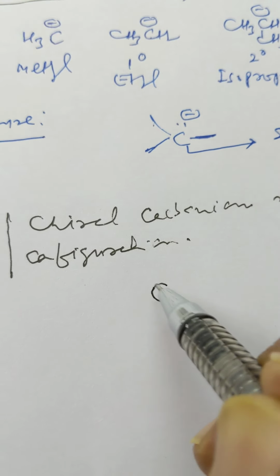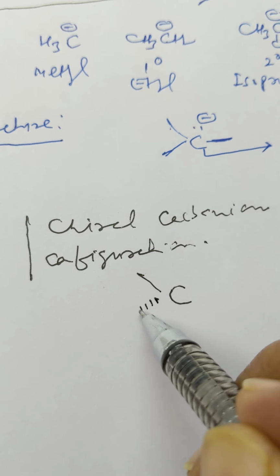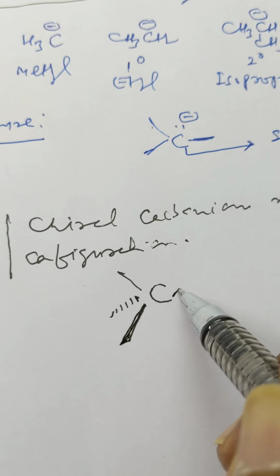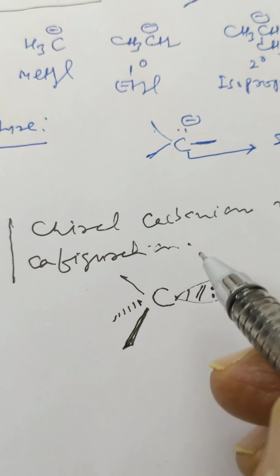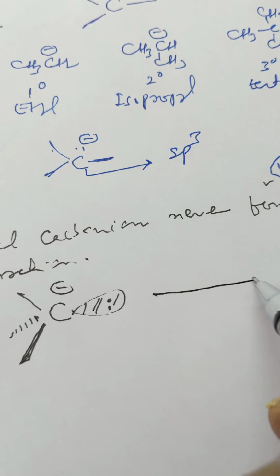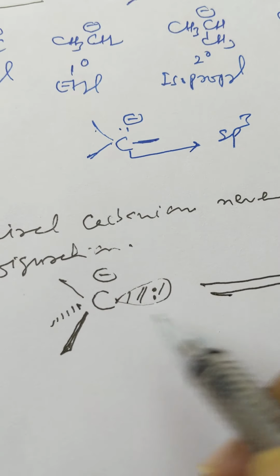See, it is this carbon. It is having 3 bonds like this, and we are showing a chiral carbon, and this is the unshared electron pair, and this is the negative charge. Why it will not form is that it will undergo rapid interconversion. इन दोनों के बीच में एक oscillation, they keep on oscillating.